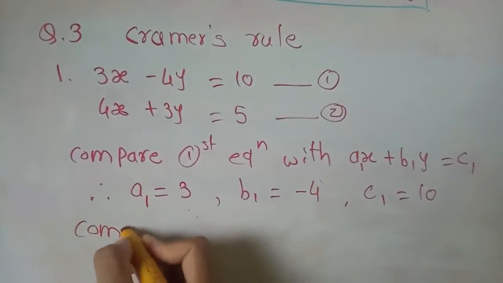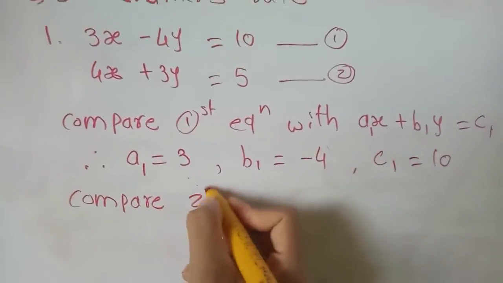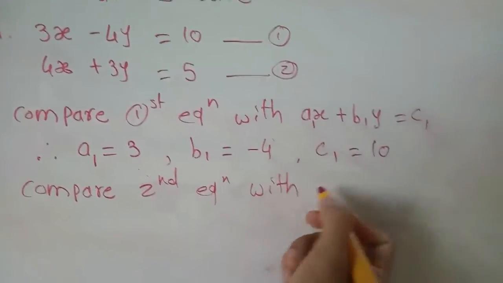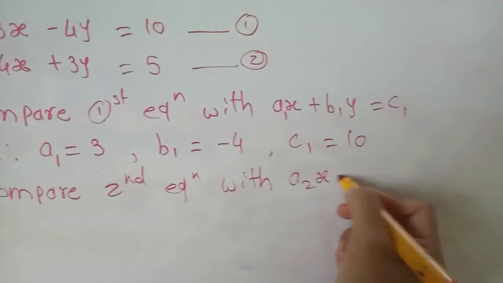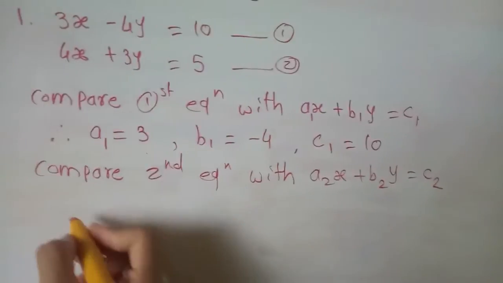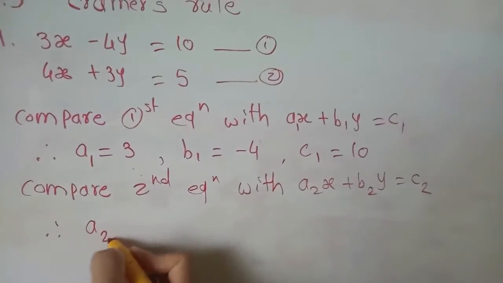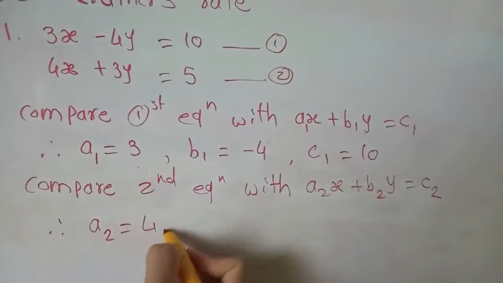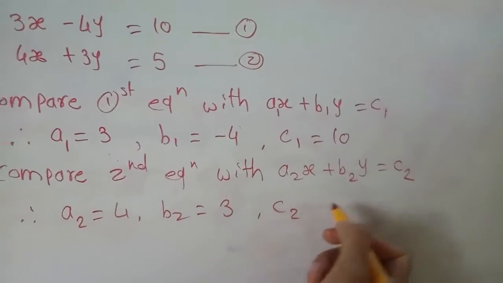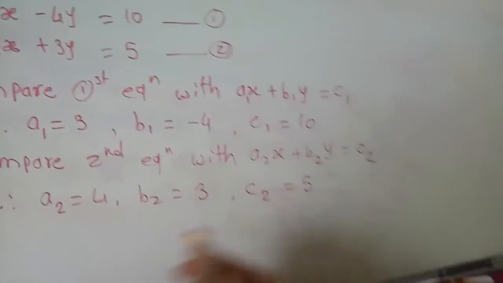So again compare the second equation with a2x plus b2y is equal to c2. Therefore, a2 is equal to 4, b2 is equal to 3 and c2 is equal to 5.